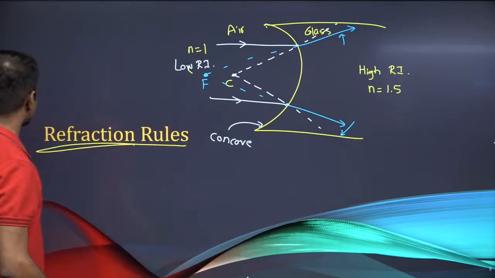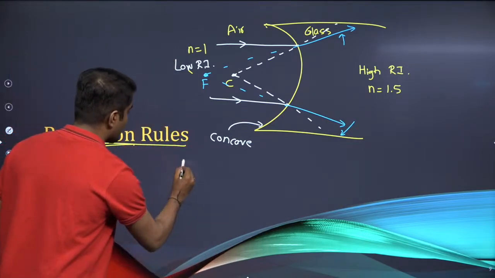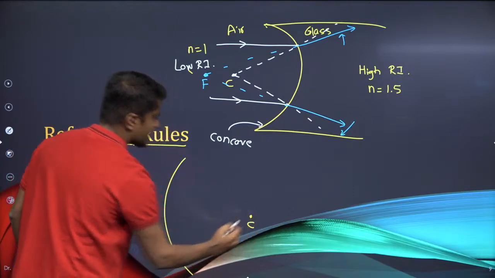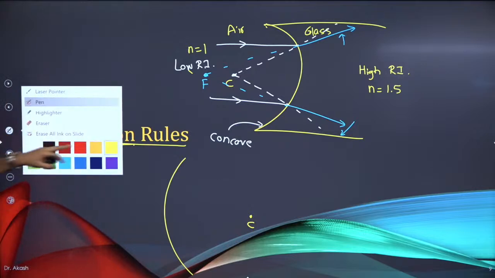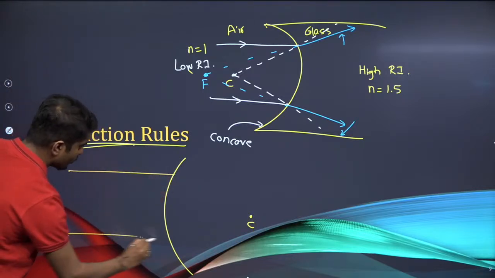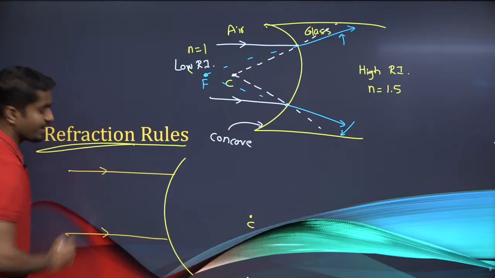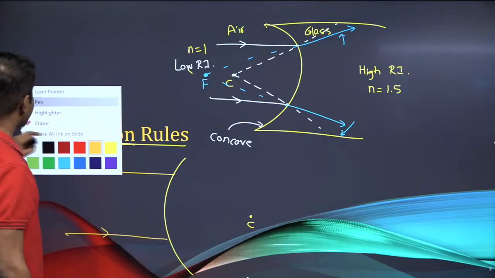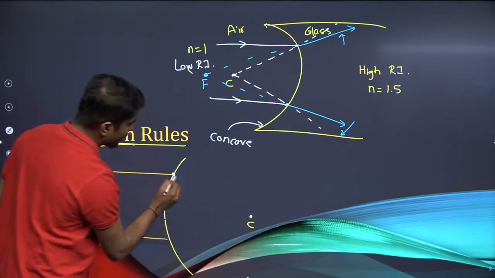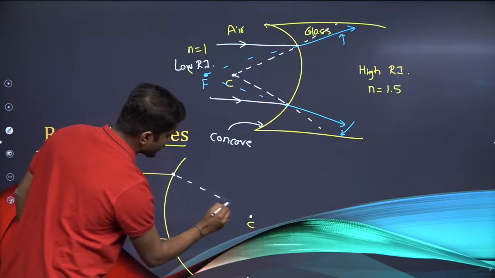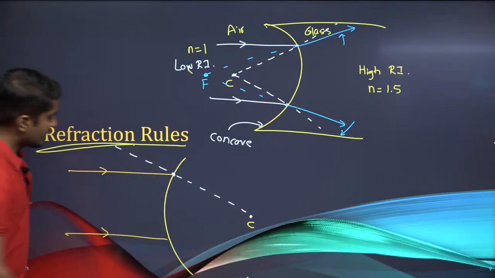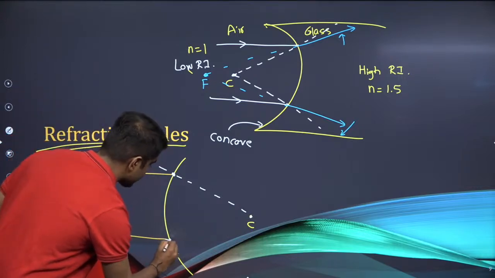How about convex? Let's suppose you have a convex surface and this is the center of curvature. Now let's suppose these are the incident rays falling onto the convex surface. At these surfaces you can draw the normal. This is the point of incidence and the center of curvature. You can connect these and you'll get the normal. Again similarly you can connect this.